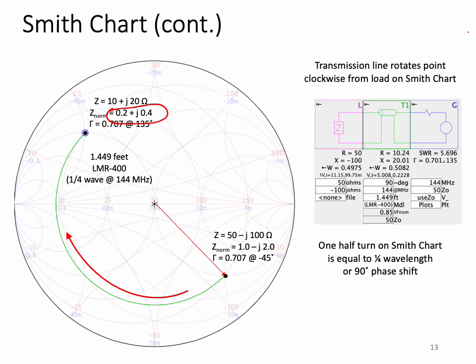What I've done is I've taken this gamma term, which is a vector of magnitude 0.707 at an angle of minus 45 degrees, and I've rotated it 180 degrees around, so that gives me a gamma of 0.707. Notice I haven't changed the amplitude at all, but just the angle. And I add 180 degrees to the angle, so it becomes minus 45 plus 180, which is 135, and it gives me a point on the Smith chart, which is located right here.